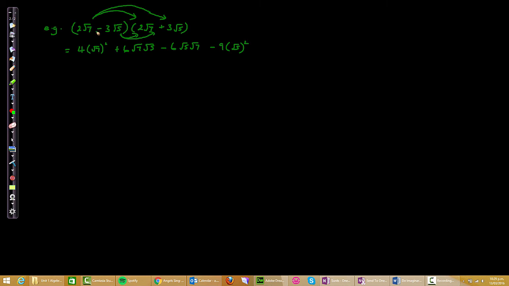Now what you might have recognized here was that this pair looks similar to that conjugate idea. So we've got minus and positive of the same value there.